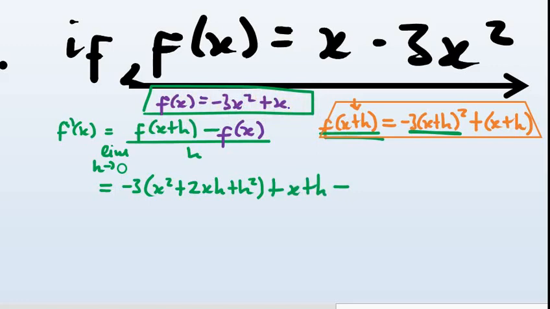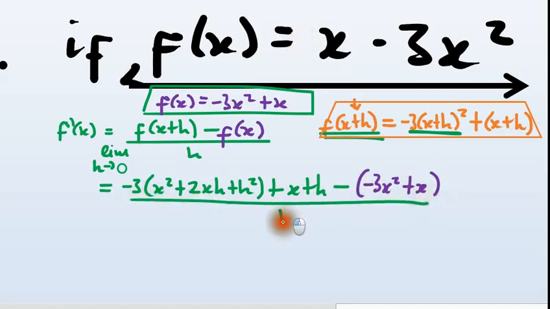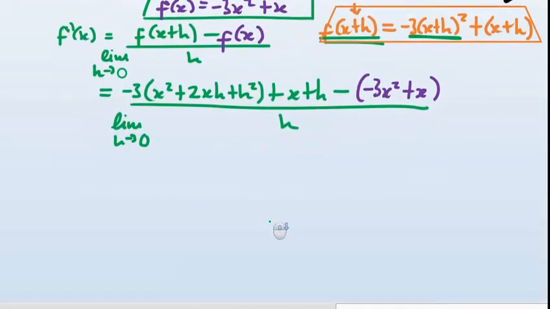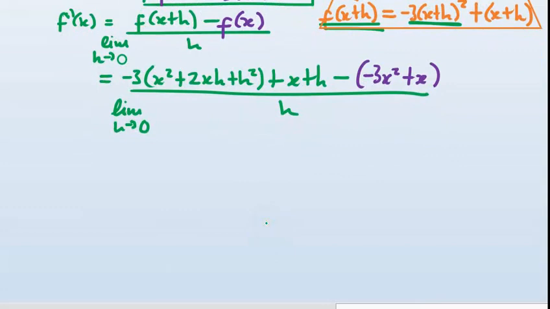So I'm keeping f of x in purple. Right, and minus, let's put f of x in its bracket, negative 3x squared plus x. Altogether, it's divided by the main color, which is h. And the limit, h goes to 0. Let's go forward with our h, which goes to 0.